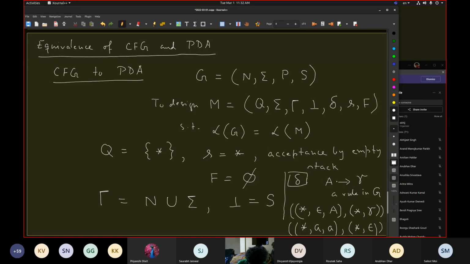If it is a non-terminal symbol, and if we have a rule like this, the machine will make an epsilon transition. It will replace the stack top by this gamma, the right side of the production. And this is the actual consumption of the input. Gamma may also contain terminal symbols. If the top of the stack and the input match, then just pop it out.